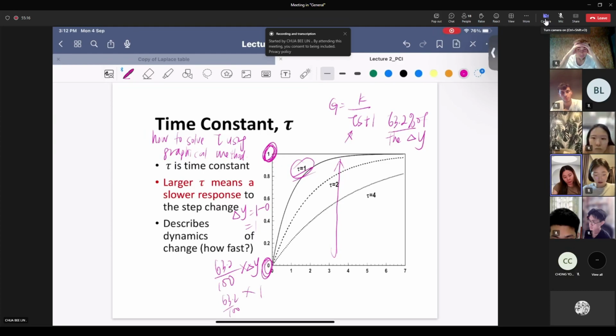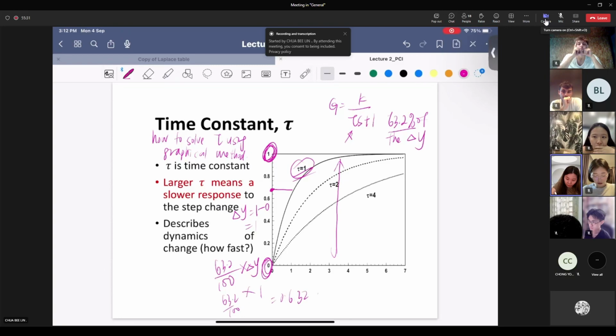So 63.2 divided by 100, multiplied by 1, will be 0.632. So 0.632 is about here.